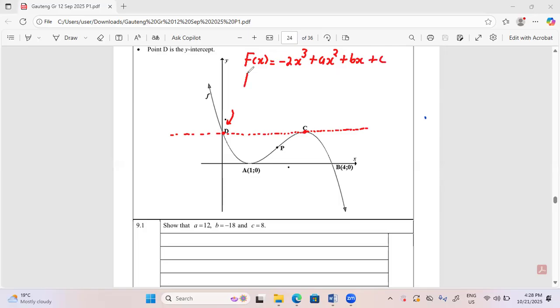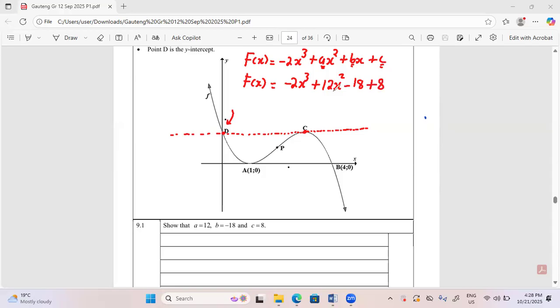But now, because we found a to be 12, we'll say plus 12x squared. We found b to be negative 18, so minus 18. We found c to be 8, plus 8. This is the equation of f of x.